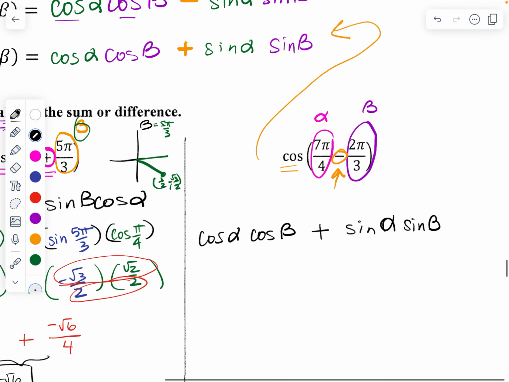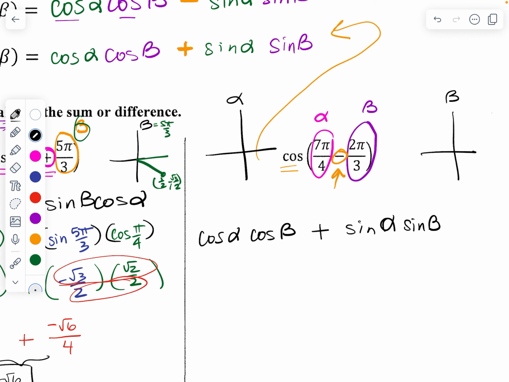Let's sketch this out. So I know alpha, we'll draw it here, and beta, we'll draw it here. We know alpha is 7 pi over 4. That's this right here. Anything pi over 4, remember, is root 2 over 2, root 2 over 2. X is positive, y is negative. And for beta, 2 pi over 3 is in the second quadrant.